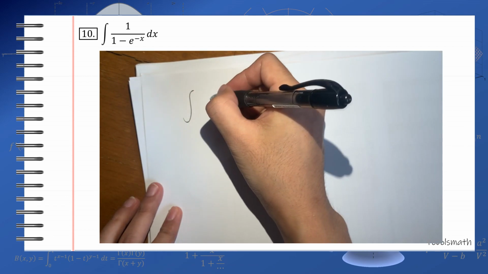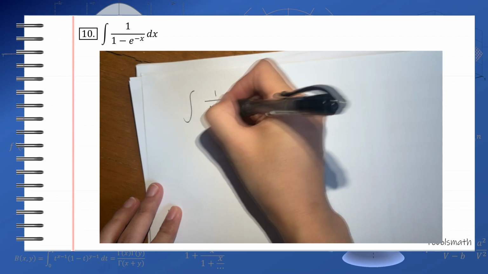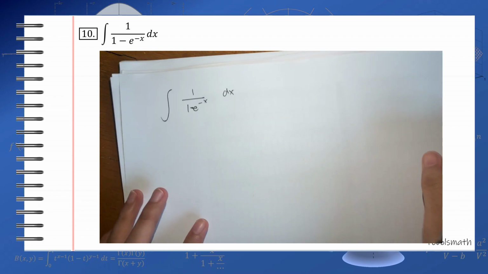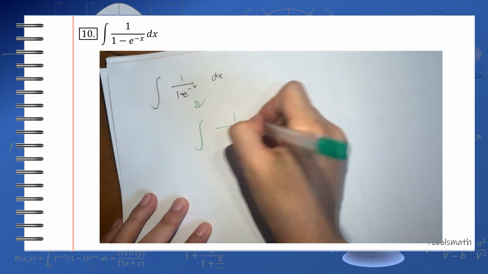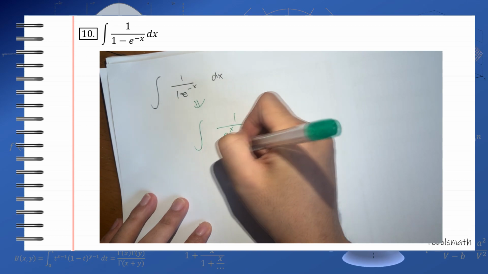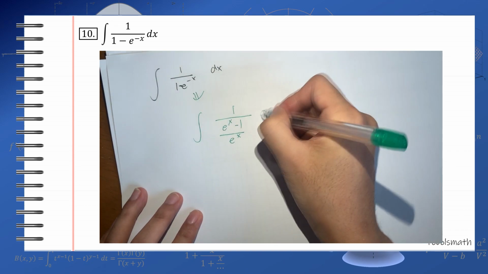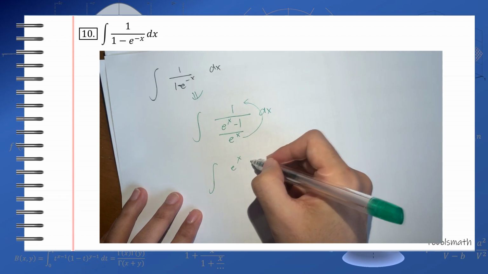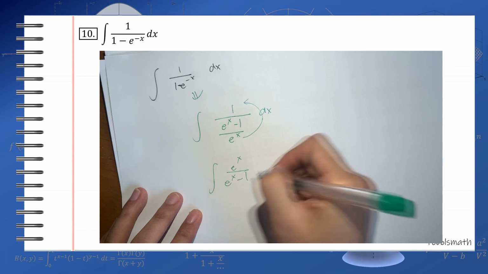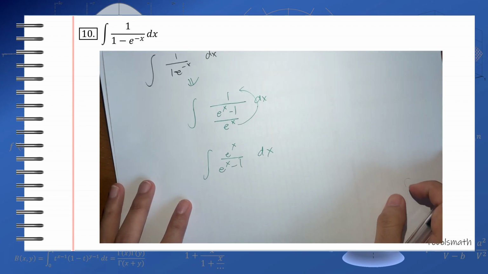Next, the final item for this video will be the integral of 1 over 1 minus e to the negative x dx. I'll just simplify this first. So this is 1 over 1 minus 1 over e to the x dx. I'll just put that in the numerator. This becomes e to the x over e to the x minus 1 dx.